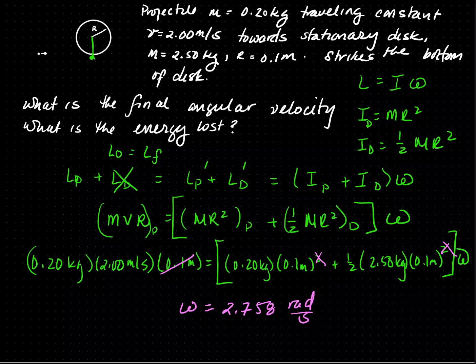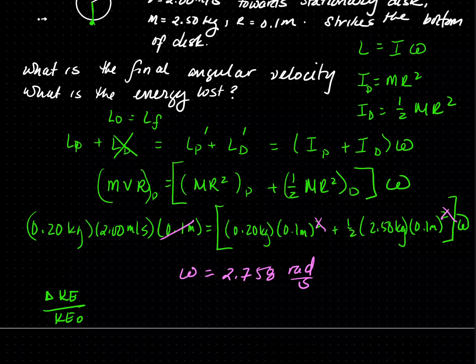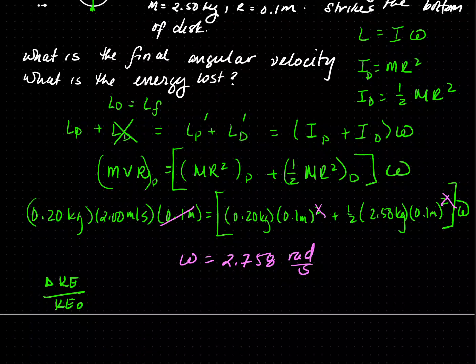To find the energy loss, we need to find the initial energy, the final energy, and the change in energy, because what energy loss is going to be is change in KE over KE initial. The KE initial is only from the particle because the disk is at rest.